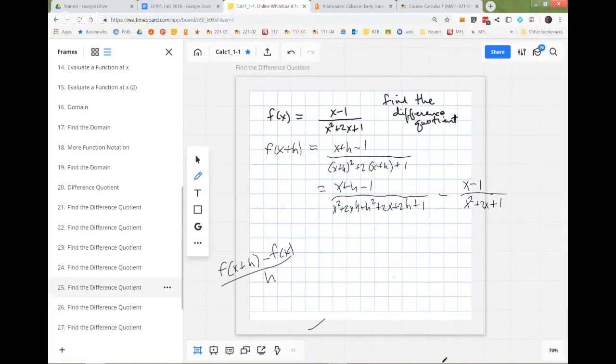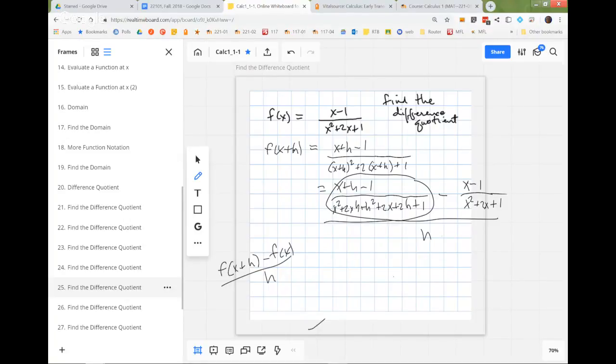And I need to divide all of that by h. So this right here is the f of x plus h. That's what we just did right above there. From that, we have to subtract the original f of x, and we have to divide that by h. Okay. So what do we need to do from here?